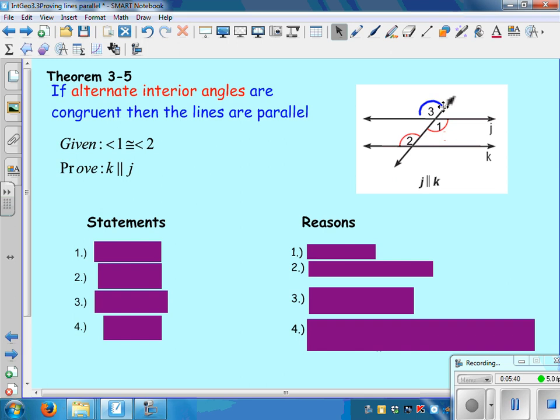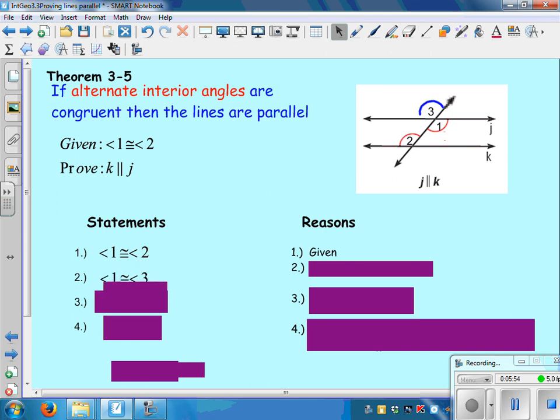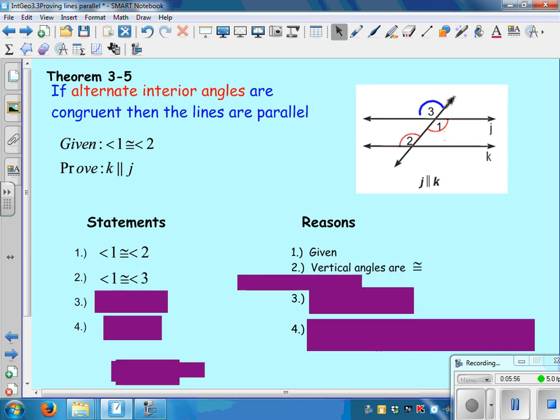On the bottom it says, okay, so our proof, we have given that angle 1 is congruent to angle 2. And then we also said angle 1 is congruent to angle 3 because of vertical angles. So by default, we're going to be able to make a connection between 2 and 3.